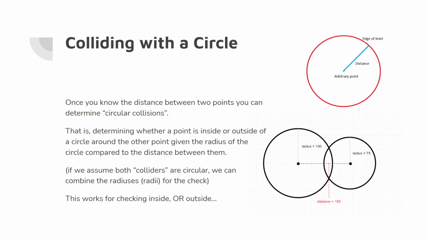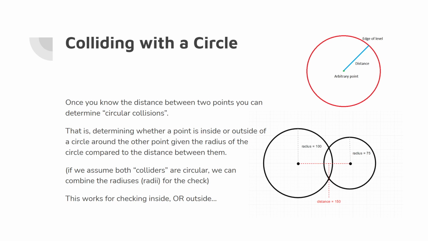Stop saying straightforward. Whew. So, determining a point inside or outside of a circle is just a matter of the distance, and we can extend that to not just be a point in a circle, say, okay, two circles, do they collide with one another? All we have to do is add their radiuses, I can never pronounce that, their radiuses together for the check, right?